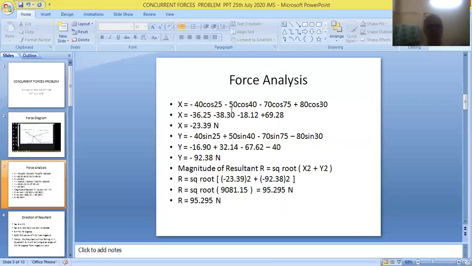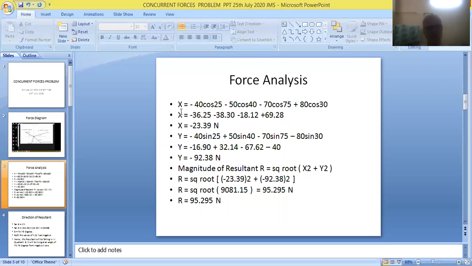This force, you can go back and refer to the figure. So this is acting in reverse direction. Only this force is acting in forward direction. So plus symbol is allocated for this horizontal component, and minus symbol is allocated for all other components.